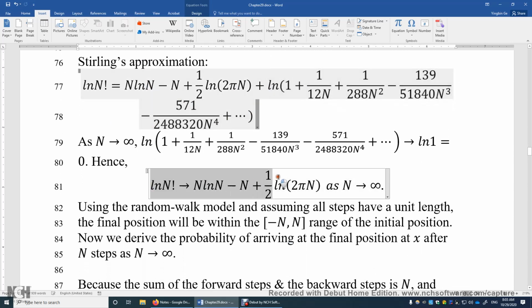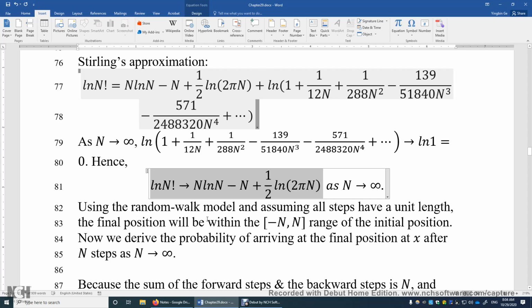So we have this equation, and then we'll do this random walk model and assume that there is a 50% chance the person is going to move to his left, and a 50% chance this person is going to move to his right.